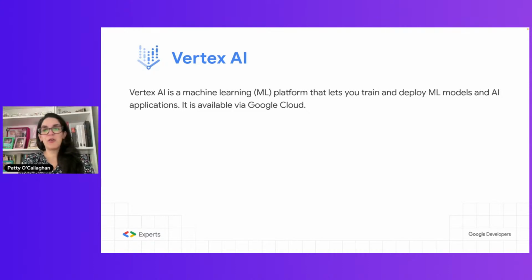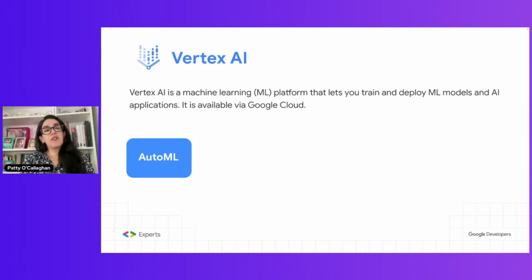You can use a common tool set in all of the different areas that need to contribute in order to put these kinds of applications into production. Another thing that I really like about Vertex AI is that it offers a bunch of different options depending on your level of expertise. So it doesn't matter if you're just starting into the world of machine learning in the cloud, there are options for you. So let's have a look at each of those.